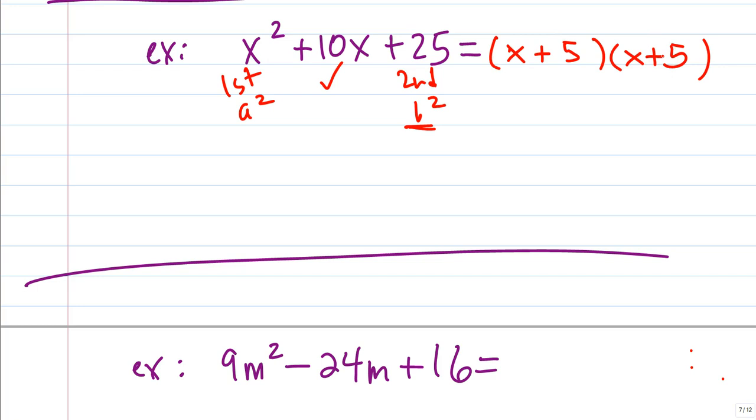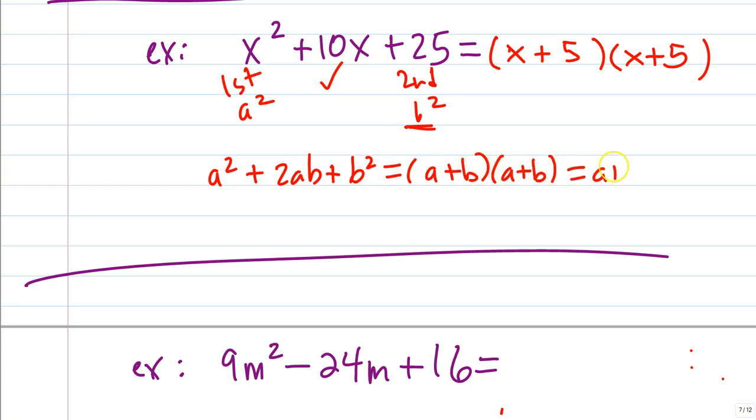So we're doing this logically, but basically, if I have something that is an a squared at the beginning, I believe this is actually a 2ab, then it will equal a plus b times a plus b, or a plus b squared.